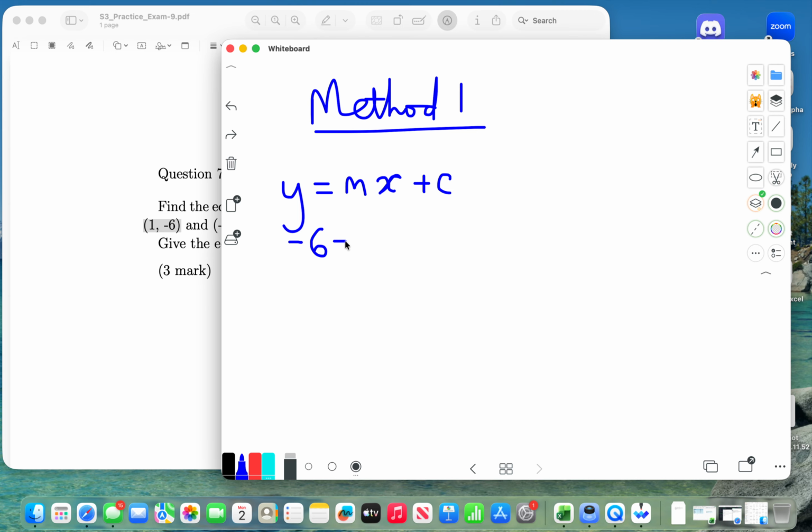The gradient is minus 4. And the value of x corresponding to that point is 1. So minus 4 minus 2, or minus 4 plus minus 2 is minus 6. So the y-intercept is minus 2.